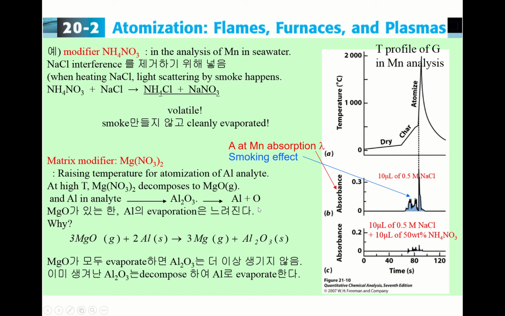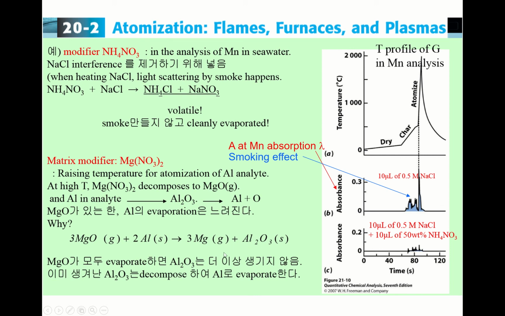Then it decomposes to aluminum and oxygen atoms. As long as magnesium oxide is present, evaporation of aluminum gets slower by this reaction: 3 magnesium oxide reacts with 2 aluminum atoms in solid state and becomes 3 magnesium atoms in gaseous state and aluminum oxide in solid state.